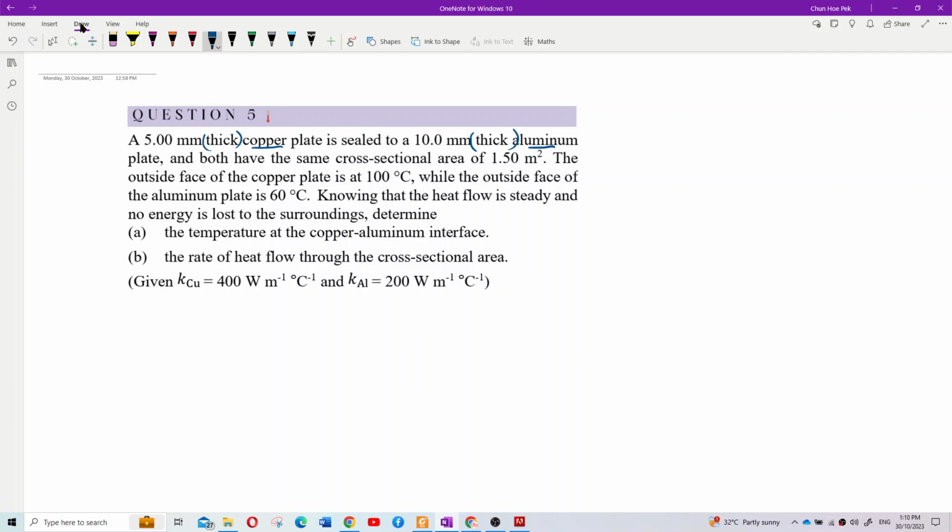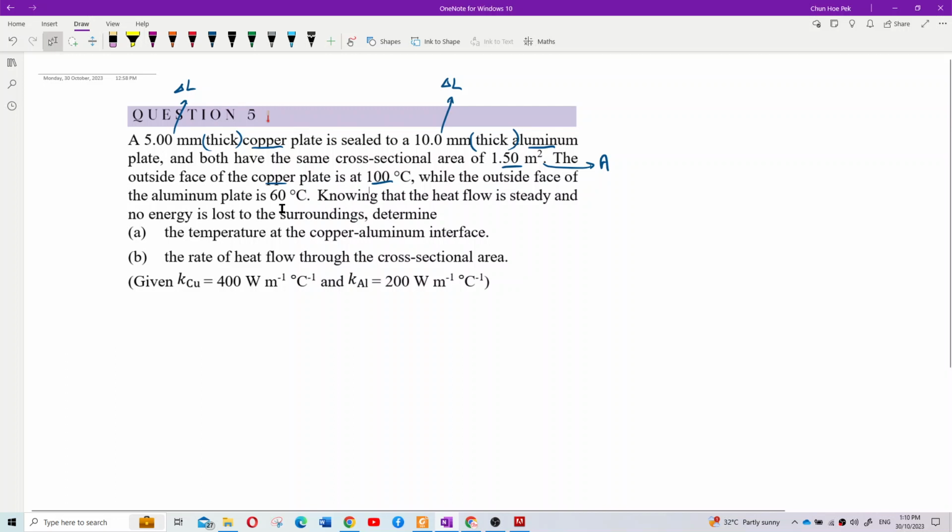This is actually the delta L. Both of these are the delta L. And these are the cross-sectional area A, and the outside face of the copper plate is 100. This is the temperature at one end, and the outside face of aluminium is 60.